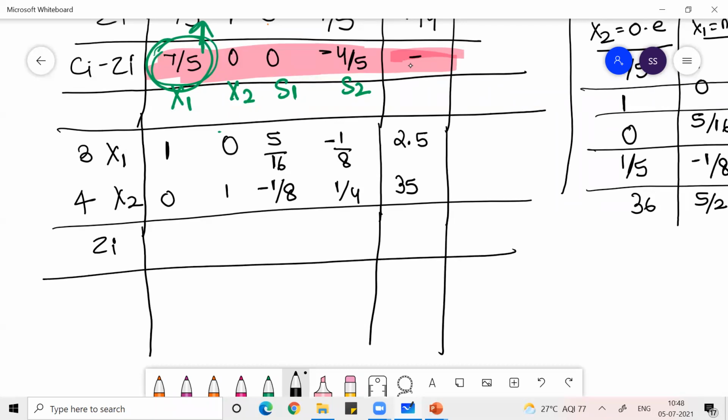For the first column, that would be 3 into 1 plus 4 into 0, that would be 3. Then for the second column, that would be 3 into 0 plus 4 into 1, that would be 4.